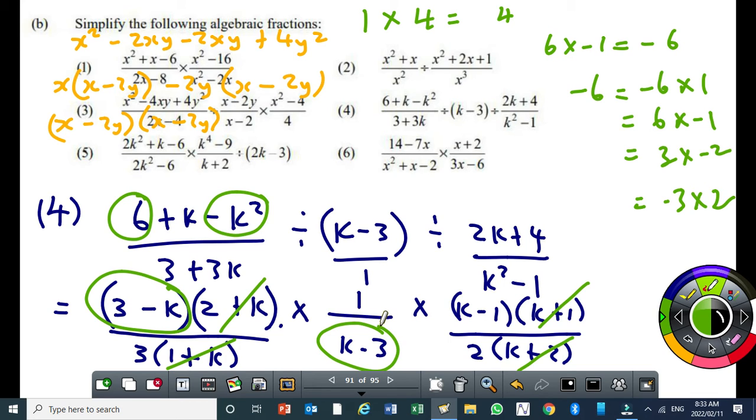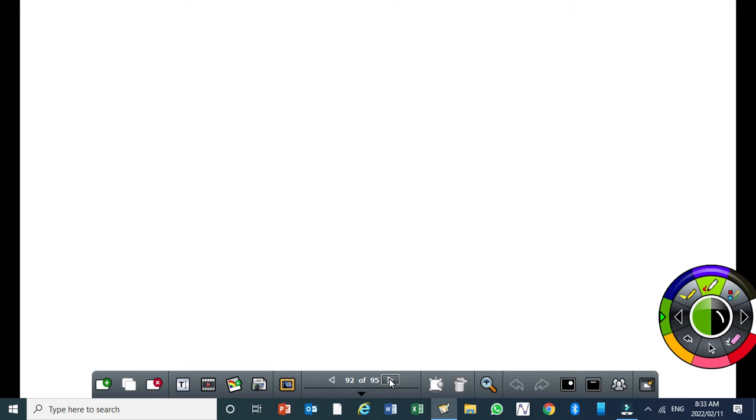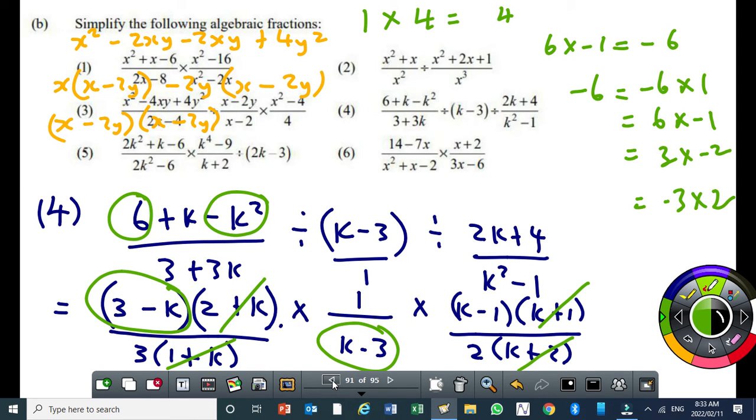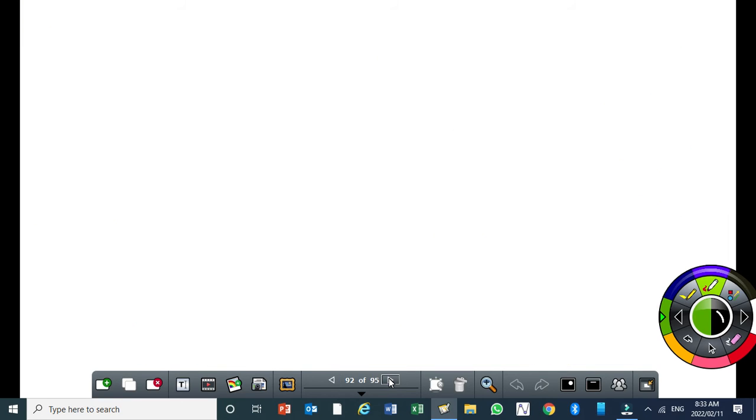Does that make sense? So the next step, on the next page, I'm going to rewrite this as minus k plus 3. I'm not going to skip a step because I don't want to confuse anybody. So this will be minus k plus 3.